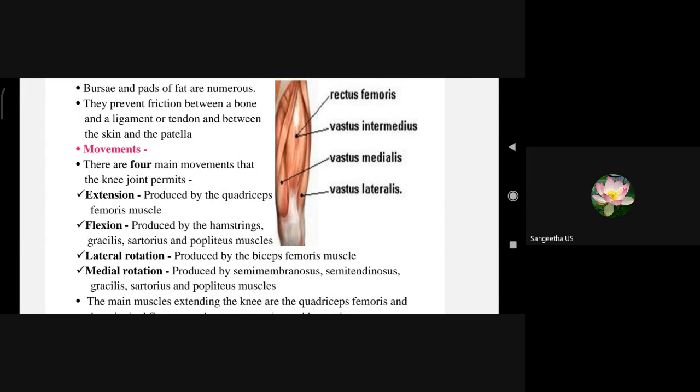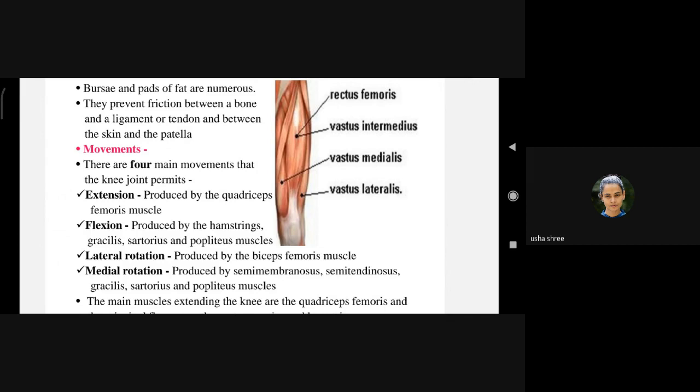So 180 is the ultimate extension of our leg, and if we make less than a 180-degree angle, then it is flexion. The same thing applies in every joint of the body. If we are decreasing the angle, it is flexion. If we are increasing the angle between the joint, it is extension.